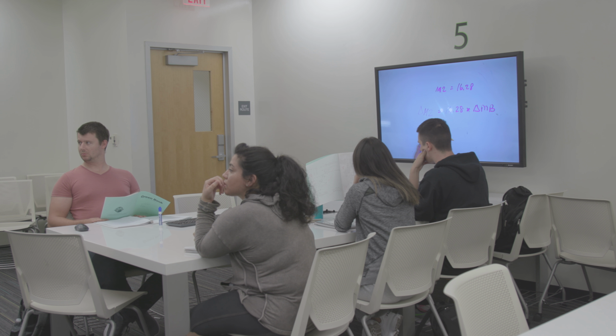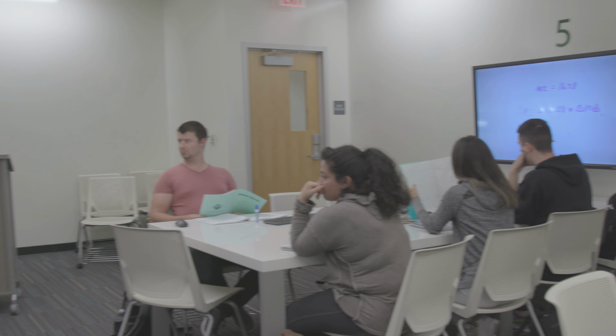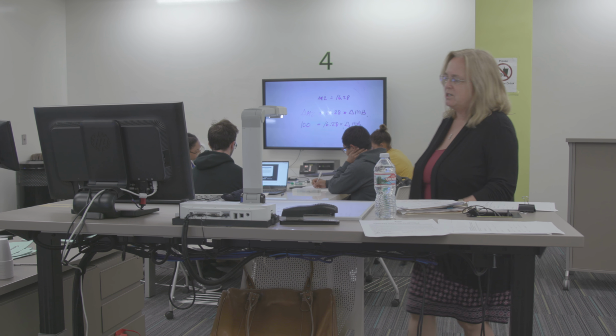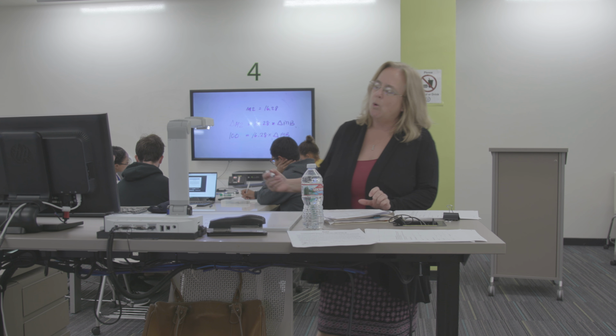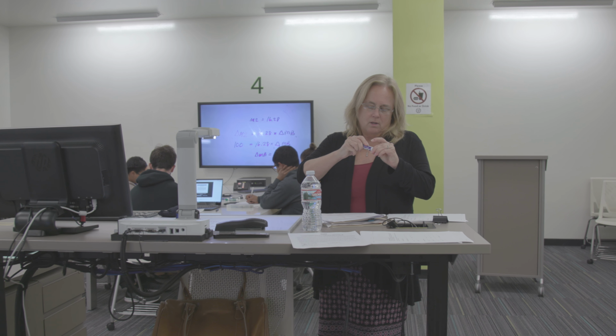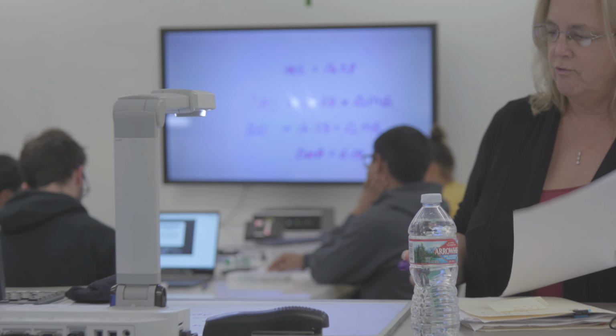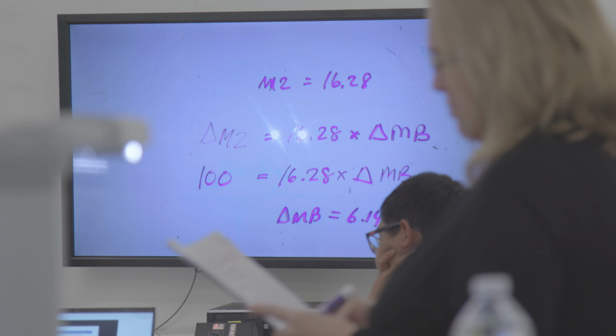And so you just plug in how much you want M2 to go up, so obviously the change in the monetary base is going to be 100 divided by 16.28, or 6.14. All right, so I gave 5 points for the second part of the question, and 3 points for solving for the multiplier.